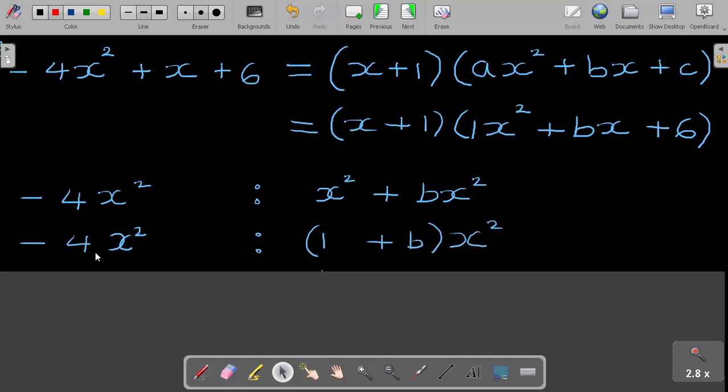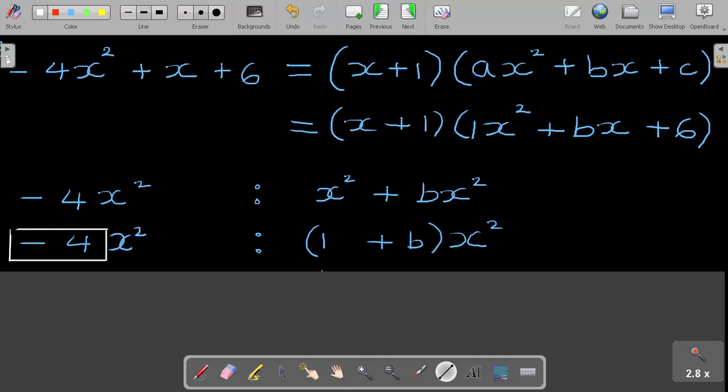So if I put them together, the coefficient of x squared, I'm going to say -4 is the same as 1 plus b. They are all coefficients of x squared. So this -4 here is going to be equated to the other coefficient of x squared from the other side.